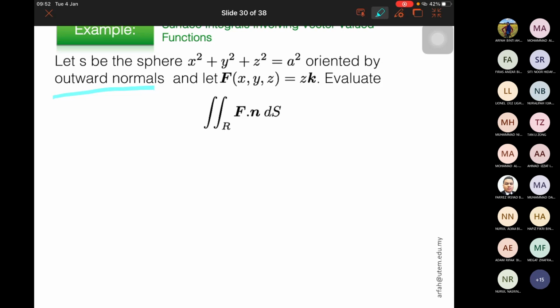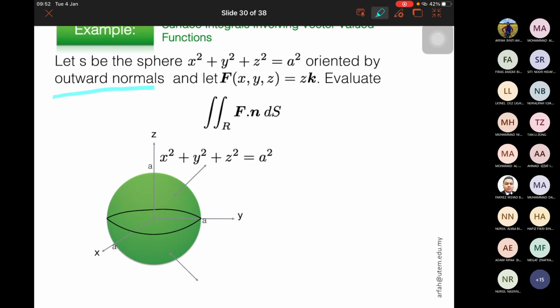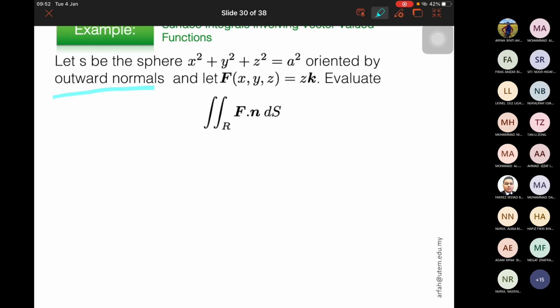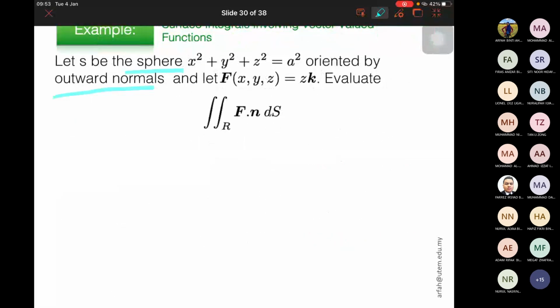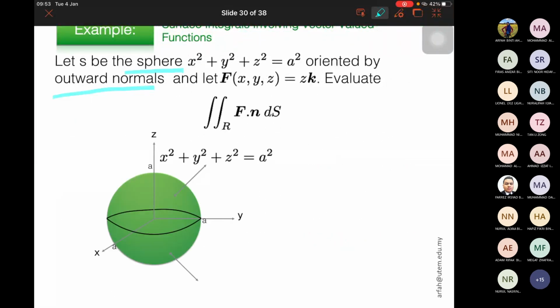So evaluate the flux integral for the unit normal vector F. Okay, so dia kata S be the sphere of x squared plus y squared plus z squared equal to a squared. So this is the sphere. Okay, satu sphere yang mana dia punya jejari adalah a and it is oriented by outwards. So keluar unit normal vector.